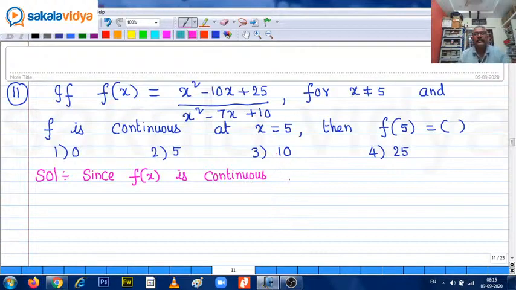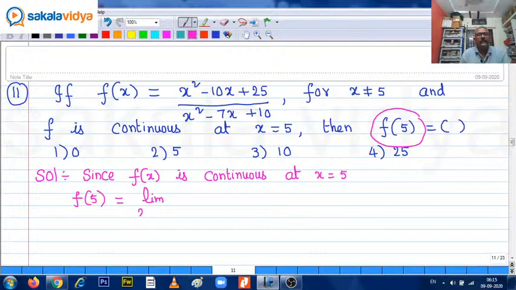Since f of x is continuous at x equal to 5, f of 5, we need this value. f of 5 equals limit x tends to 5 f of x. f of x is this function.